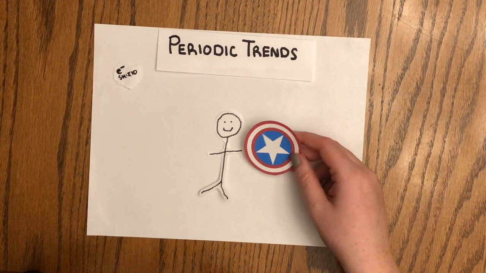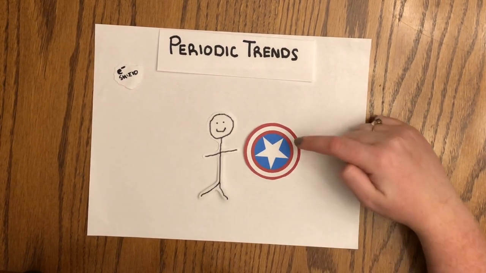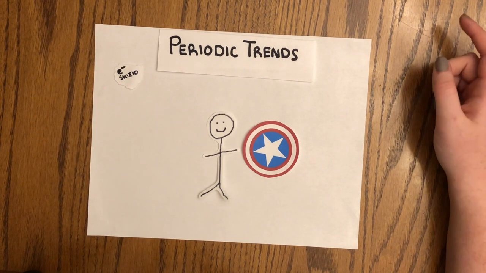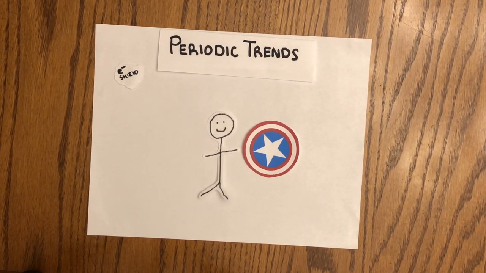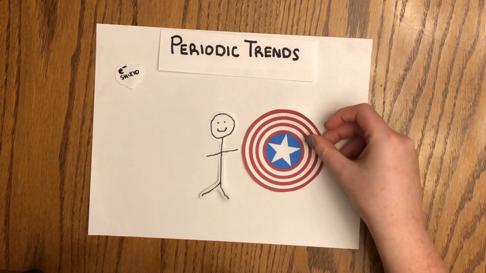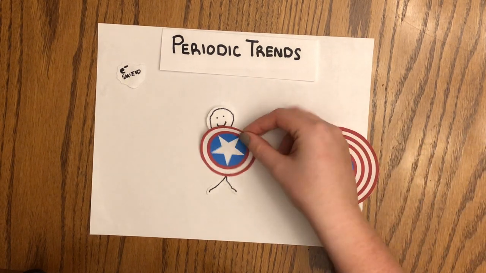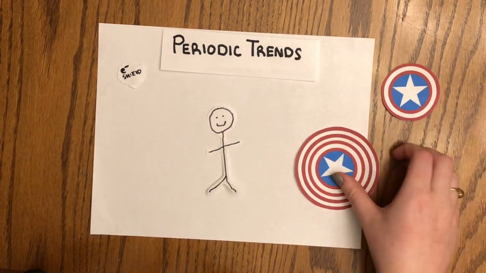Captain America here has this shield, but it only has a couple rings on it, so it doesn't shield him very well. When he gets a new shield with more rings, it can protect him better than his old one. So he likes his new one.